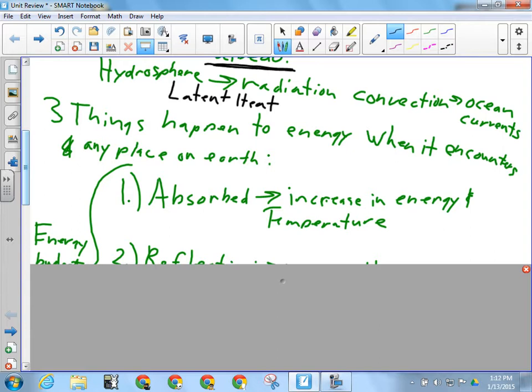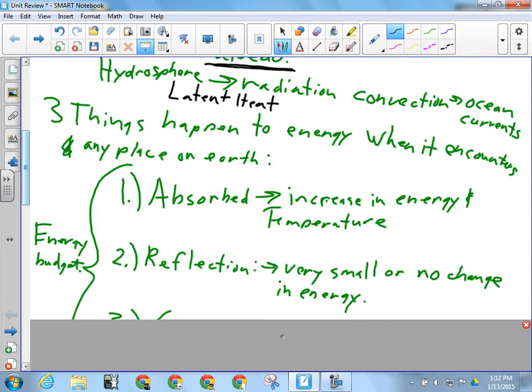So is there going to be any change in temperature then? Not very much. That's why you want to make sure you wrap the baked potato with the dull side out so that it does absorb and increase its temperature. If you wrap it with the shiny side out, it just reflects all the energy away. It doesn't absorb it. It doesn't cook. So things like that to think about there. If there's reflection, there's very small or no change in energy.